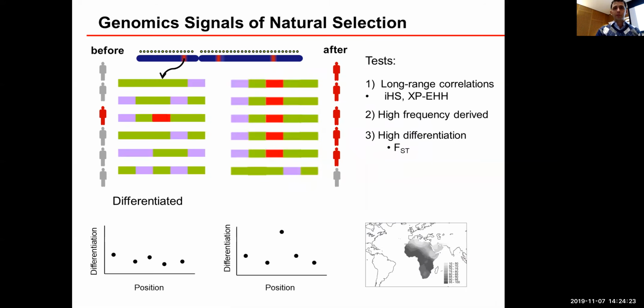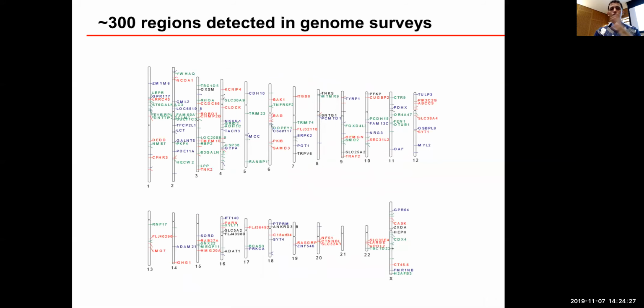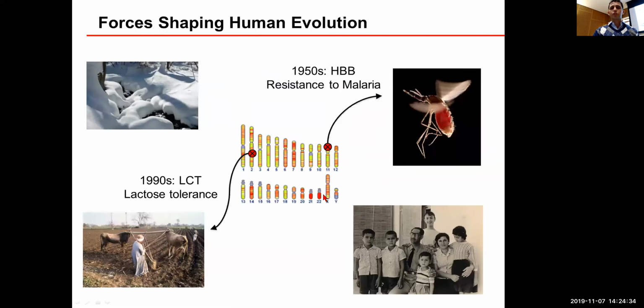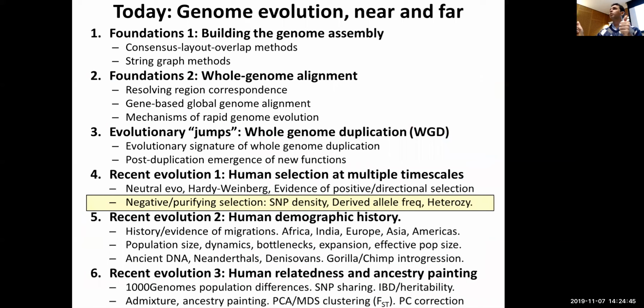So you can build all these selection tests, combine them, and then search for evidence of selection. And when Pardis Sabeti and her group did that, they found more than 300 different regions that were selected, including lactose tolerance, resistance to malaria, and many others that they're sorting out biologically. Everybody with me?